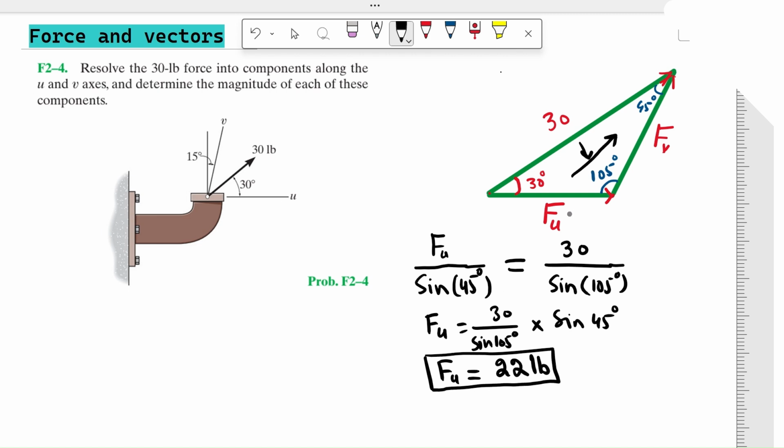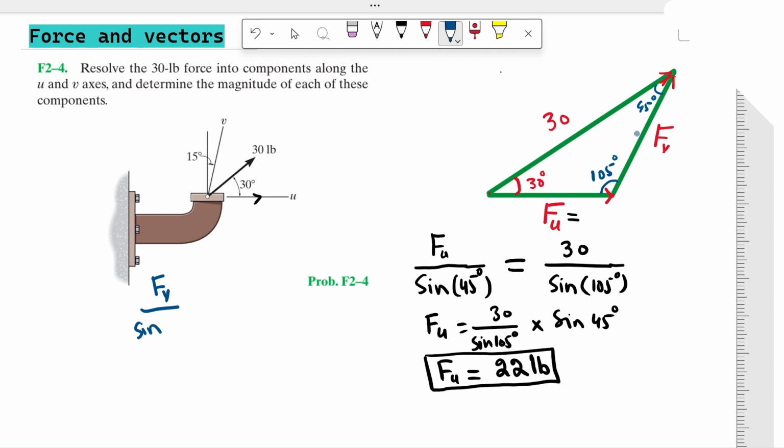So we found the value of this Fu component, the value of this force along the U axis. Now we will be finding the value of this force along the V axis. For this we will be using the same concept: the force I need, Fv, divided by the sine of its opposite angle.